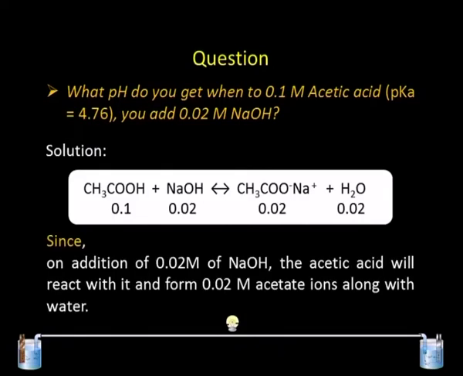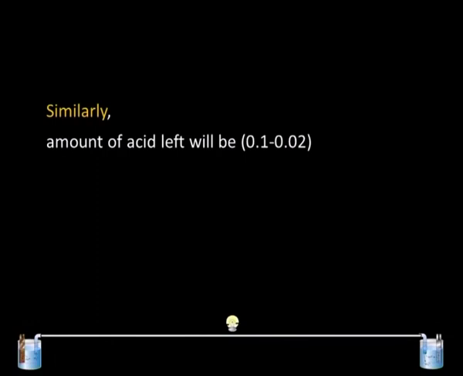Now, since on addition of 0.02 molar NaOH, the acetic acid will react with it and form 0.02 molar acetate ions along with water. Similarly, the amount of acid left will be 0.1 minus 0.02.